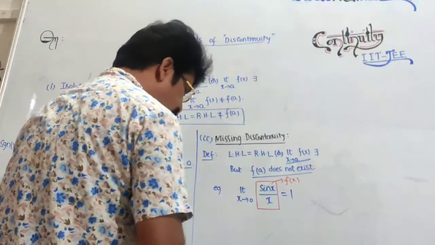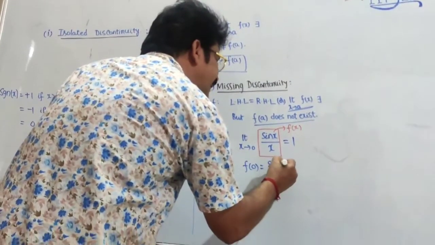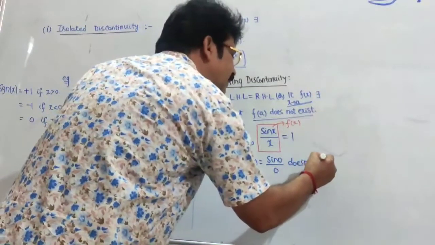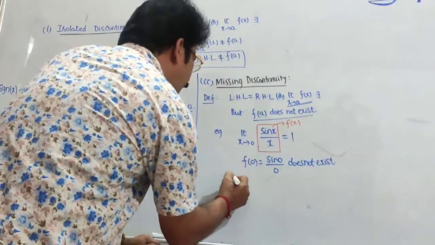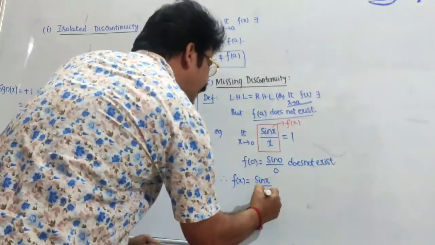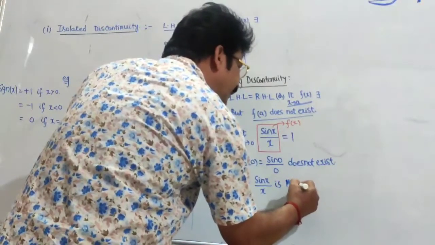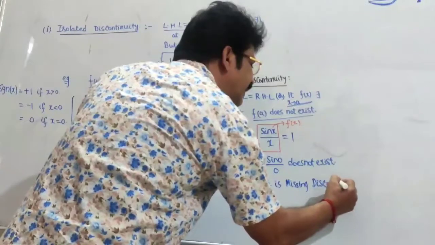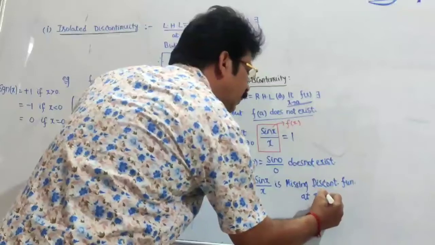So clearly f of 0, that is sin 0 by 0, does not exist. So the function f of x equal to sin x divided by x is a missing discontinuous function at x equal to 0.